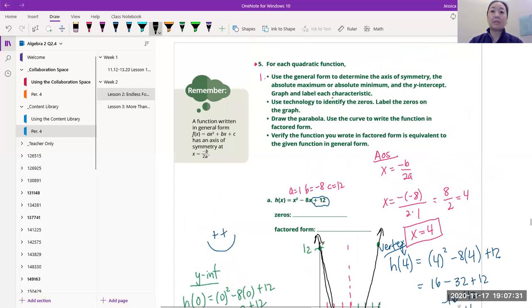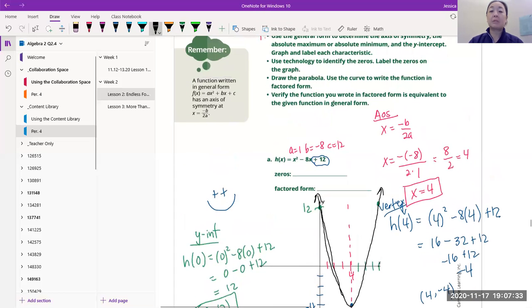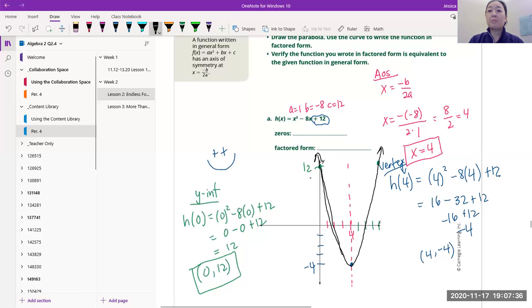We've graphed it, but we've got to label the characteristics. We totally didn't do that. Oops. So remember, this was our y-intercept. This is our vertex, which is also our minimum. Remember, minimum. And this is our AOS.